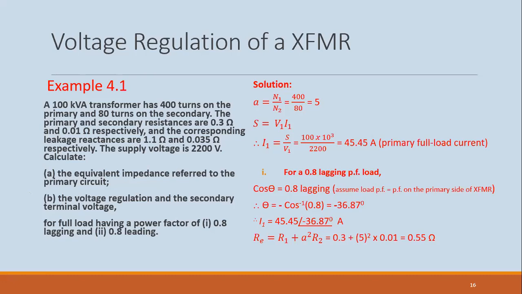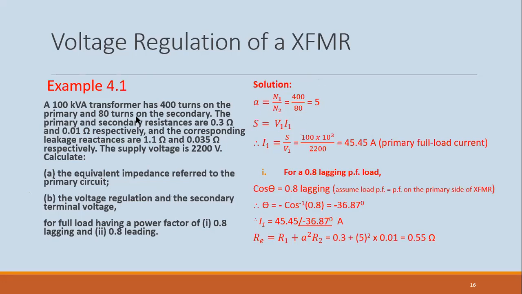The supply voltage is 2,200 volts, and we should calculate the equivalent impedance referred to the primary circuit, the voltage regulation, and the secondary terminal voltage for full load having a power factor of 0.8 lagging and 0.8 leading. We're going to be looking at the 0.8 lagging power factor load.